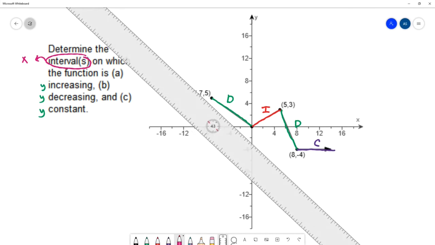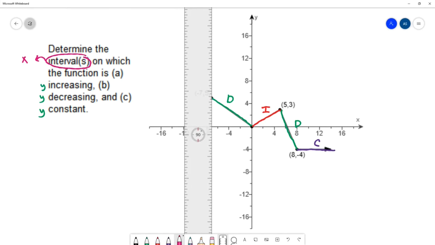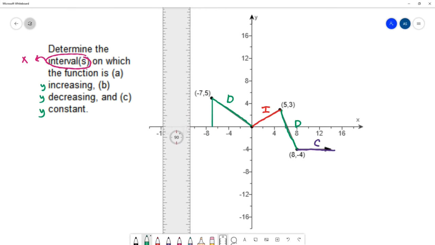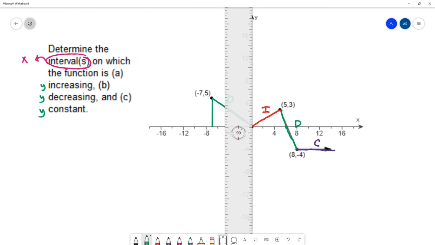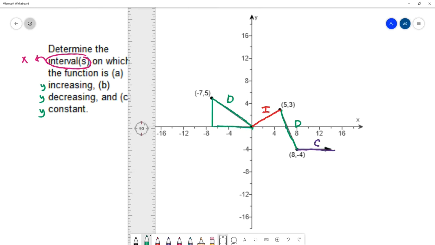So I can use my ruler here. And the reason why I'm using my ruler, I'm holding it vertically, is that this is going to show me where that interval starts, what x value it starts on, and what x value it stops on. So in that x interval, the y values are decreasing, and that goes from -7 to 0.